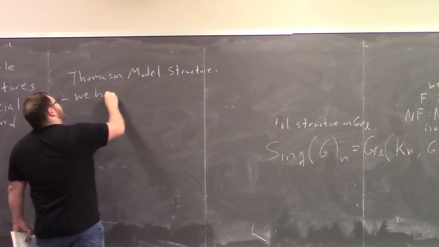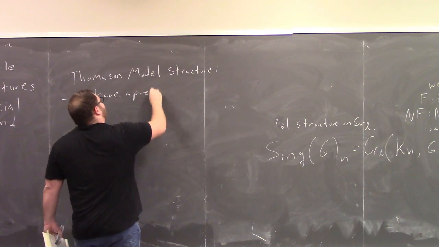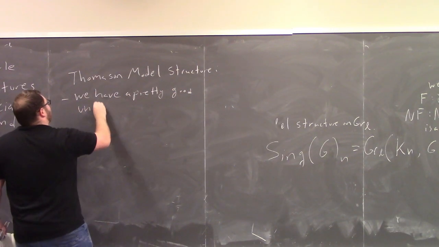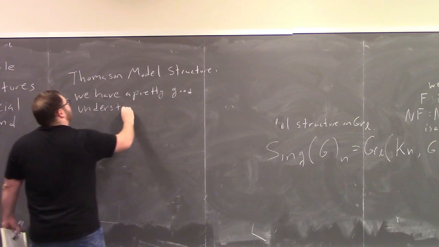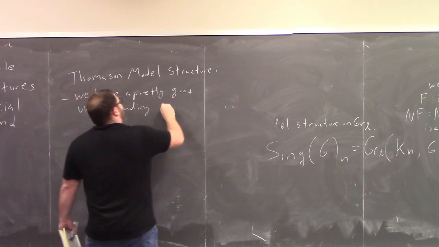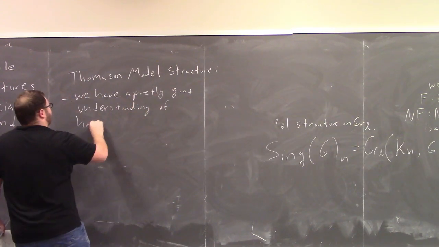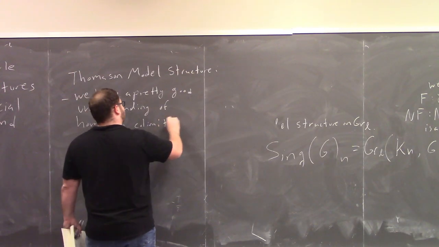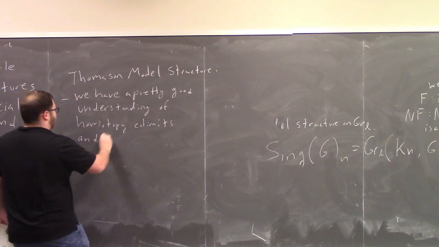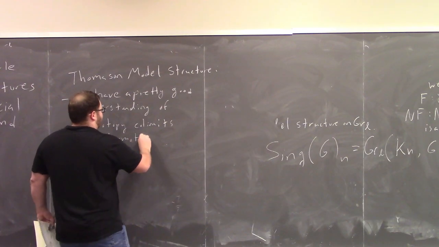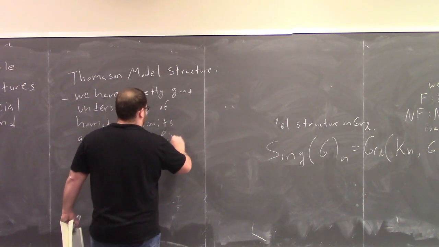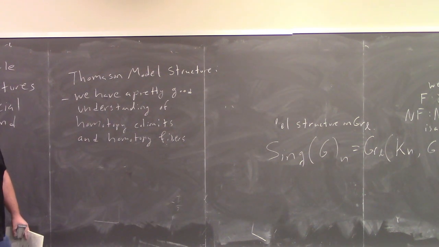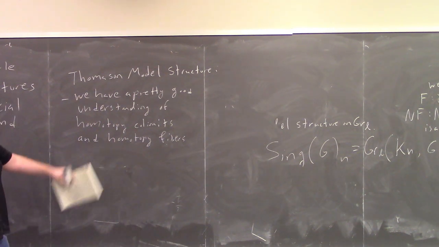We have a pretty good understanding of homotopy colimits and homotopy fibers in the Thomason model structure. And that's pretty rare.